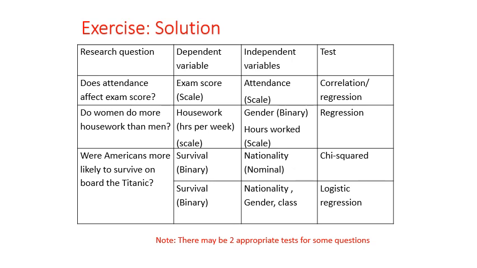So you have survival as binary. And if you only have one independent variable, which is nationality, that is chi-squared. But if you have three independent variables, nationality, gender, and class, that's the time you will use logistic regression. Okay, so please take note that there may be two appropriate tests for some questions.